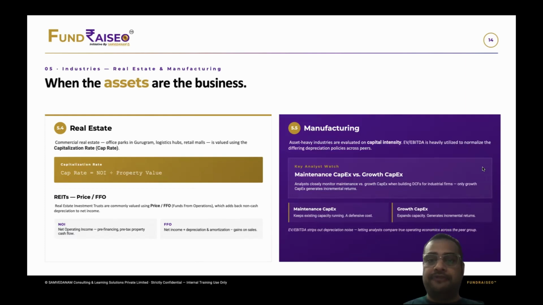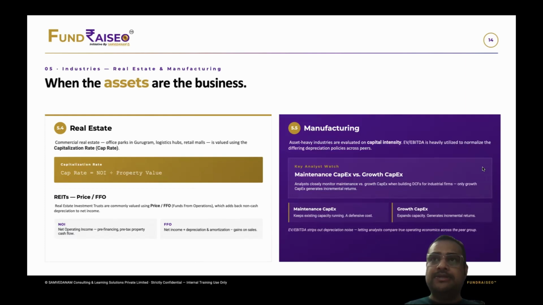Now let's understand manufacturing. In the case of manufacturing, which are asset-heavy businesses, right, these industries are evaluated using capital intensity. In such cases, an EBITDA multiple, EV by EBITDA, becomes a heavily utilized multiple in understanding the valuation of the manufacturing firm.